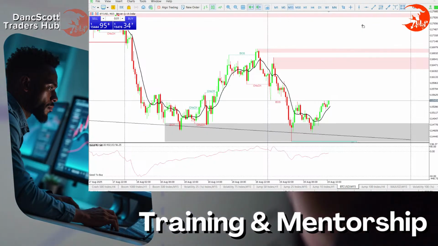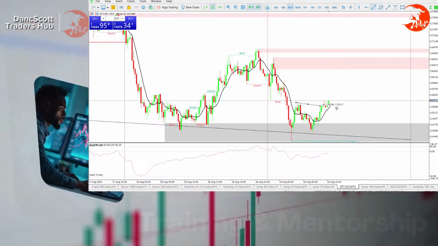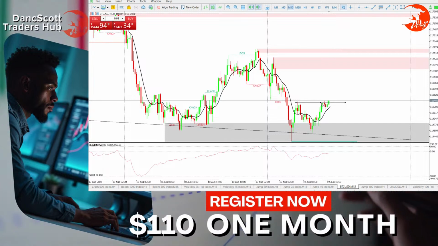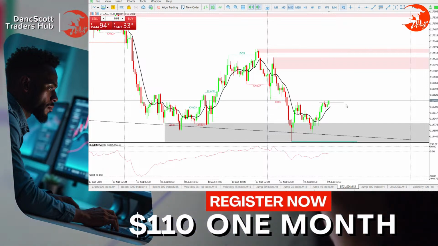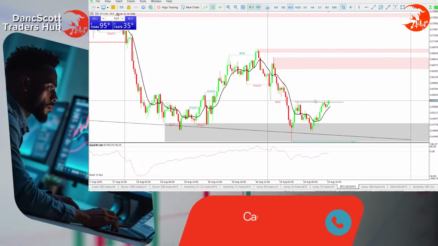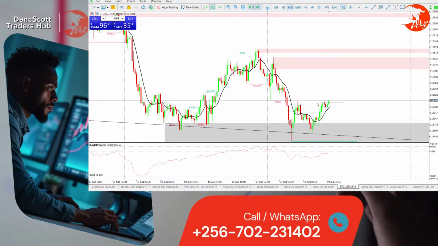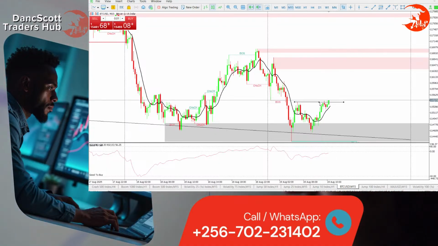We are going to see a confirmation of reversal signal, which is our change of character. Price is yet to break that. When price breaks that, that will be our change of character right about here.